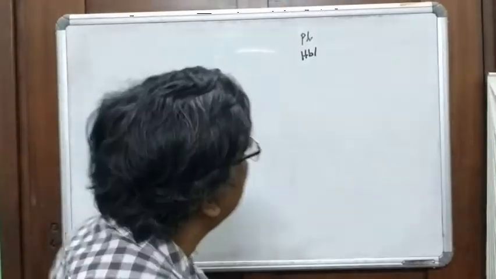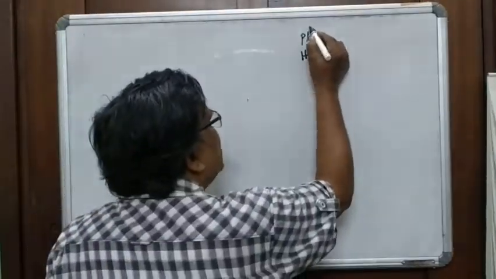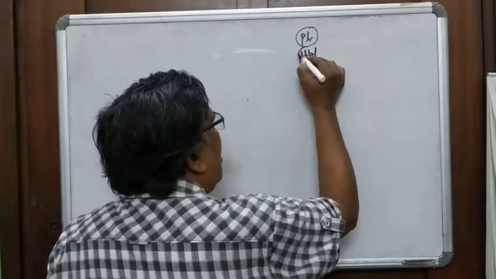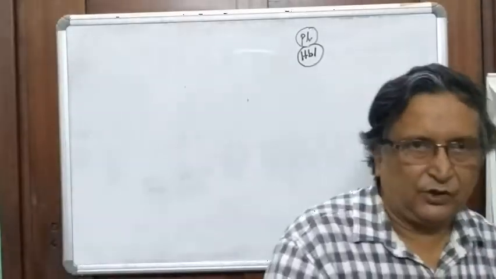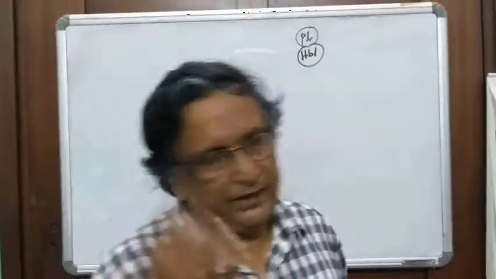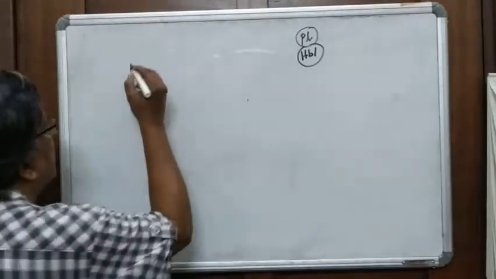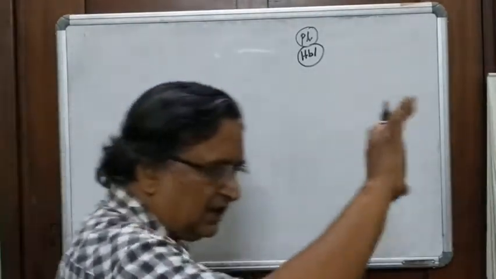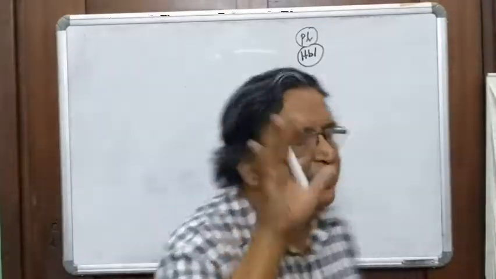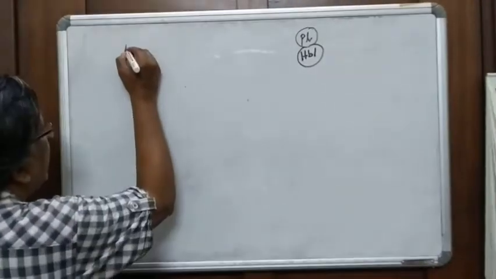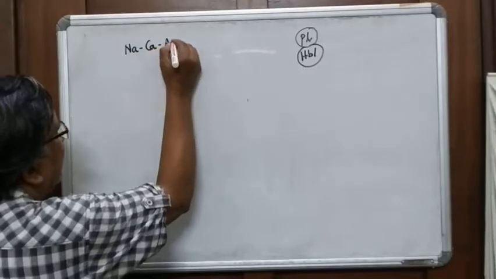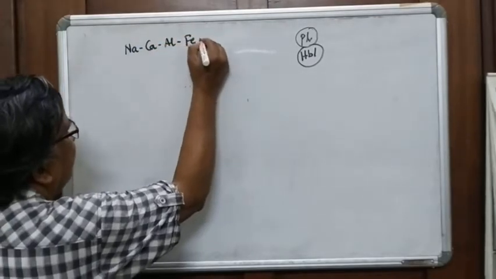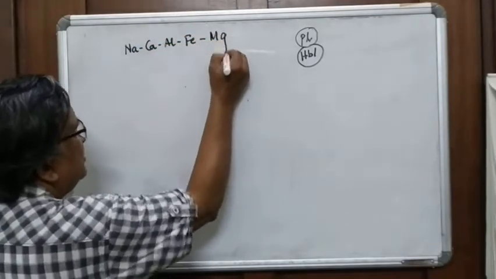What we do is, there is plagioclase and there is hornblende. And he projects the mineral analyses first from plagioclase and then from hornblende. Initially he had a larger system which he reduces to Na, Ca, Al, Fe and Mg.